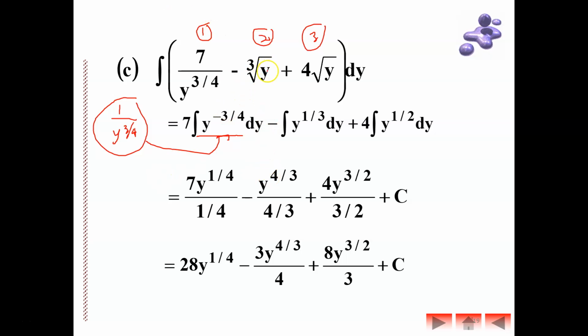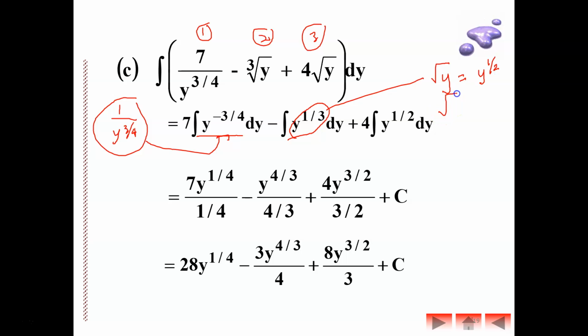Then we have the second part, minus. Since you don't have any constant over here, we just write it down again. Integration of y to the power of 1 over 3. How does it become y to the power of 1 over 3? Why can it become like this? Because let's say the square root of y is actually equal to y to the power of 1 over 2.